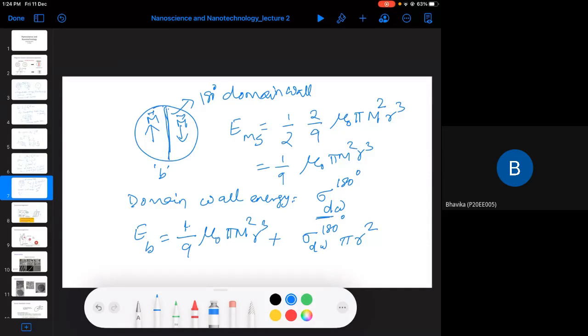If you take a cross section here, this is nothing but a circular cross section, a circle, and therefore the energy associated with this domain wall will be the surface area of the circle multiplied by the energy per unit area. So this is your E_B.